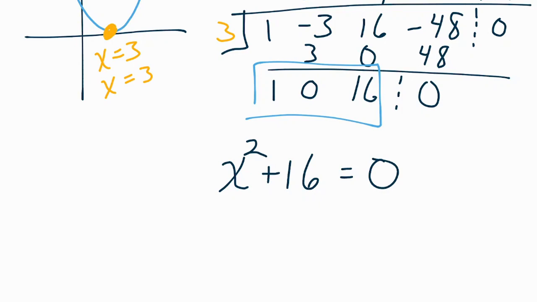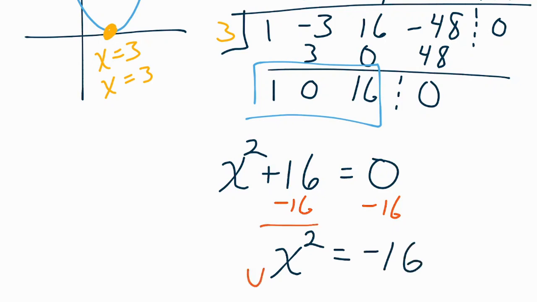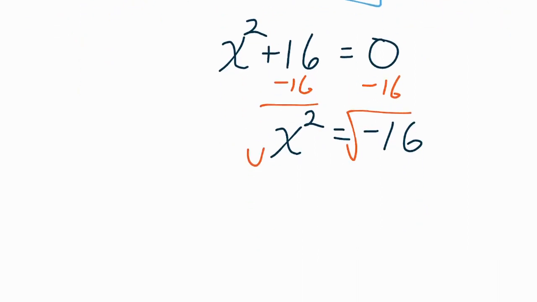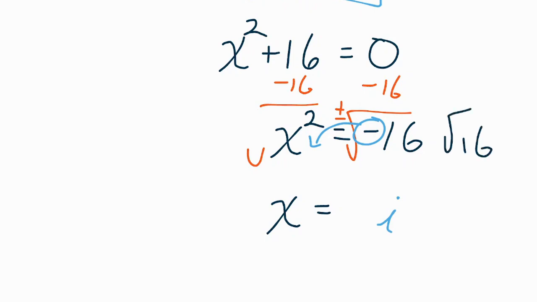What is going to happen when you solve this depressed polynomial? The short answer is you're going to get an imaginary solution because you're going to take the square root of a negative number. Actually, you're going to get 2 solutions because we get that plus or minus as soon as we take the square root of a negative number. Remember that the negative sign comes out as the letter i, and when you take the square root of 16, you get 4.